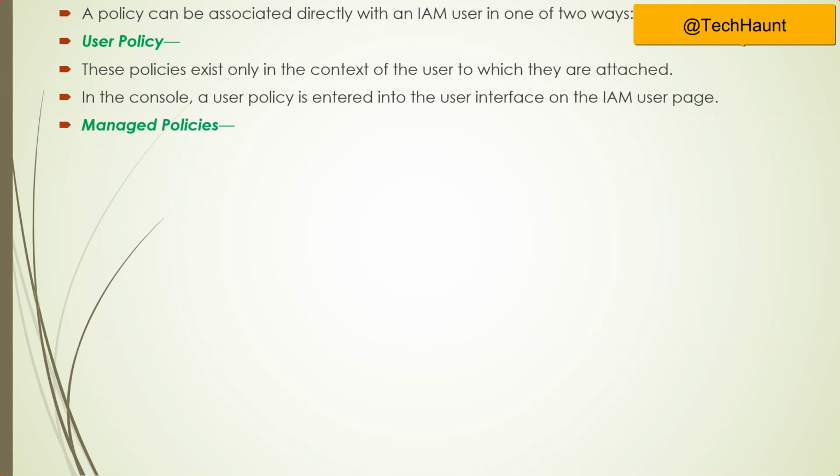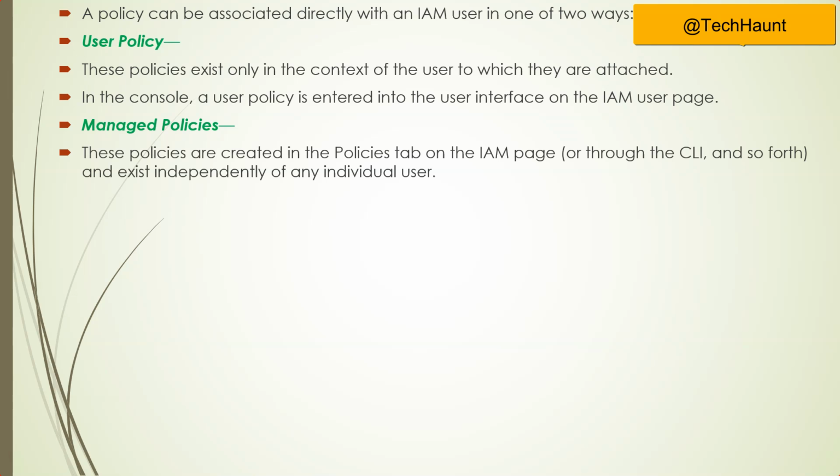Managed policies are already built into AWS. These policies are created in the Policies tab on the IAM page and exist independently of any individual users. Some policies can be associated with many users or groups, so there is no limitation. You can assign one policy to as many users or groups as you want.